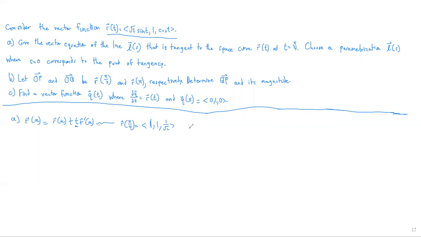R prime of t, we need to find that as well. Derivative of sine is cos, so that's root 2 cos t. Derivative of 1 is 0, and the derivative of cos t is negative sine t.